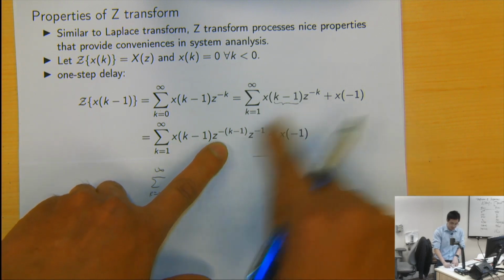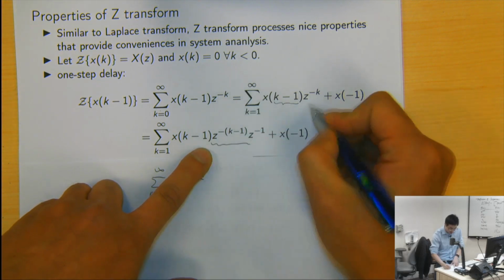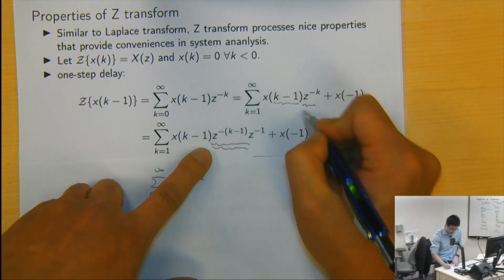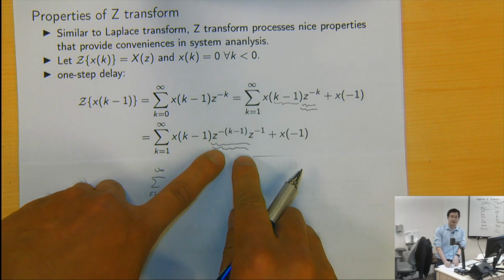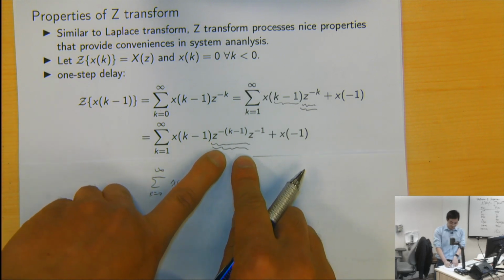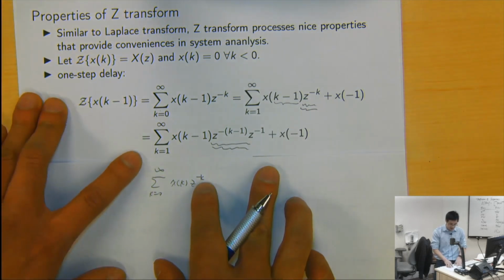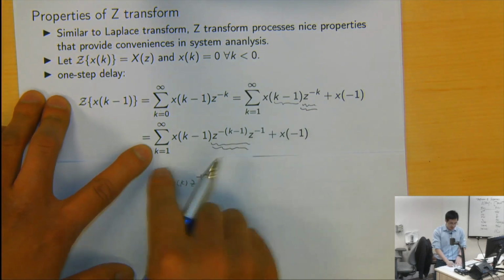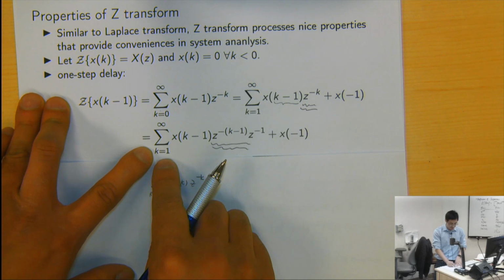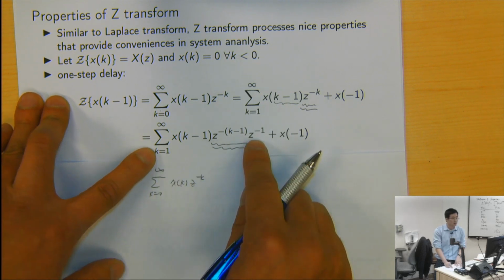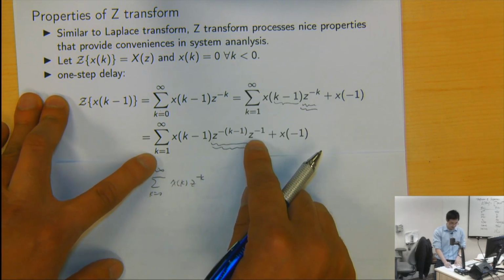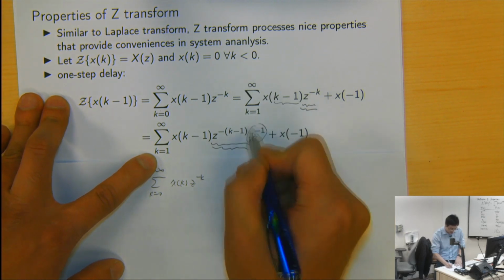So to make these two match, I have to multiply this by z to the power of negative 1. It's just a different way of representing the same thing. But because this summation is for k, so z is a scalar, I can easily pull this outside.